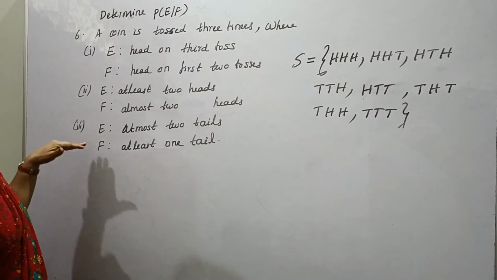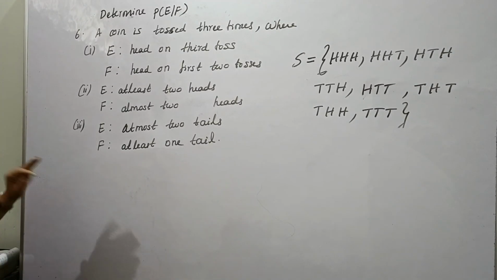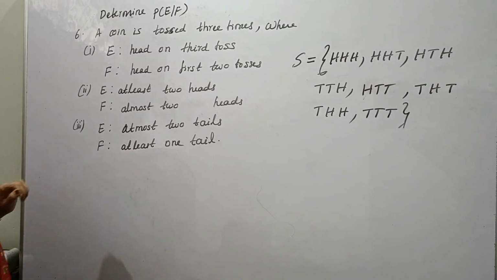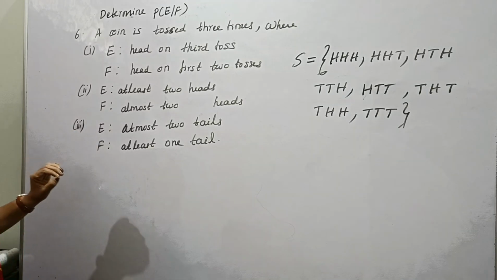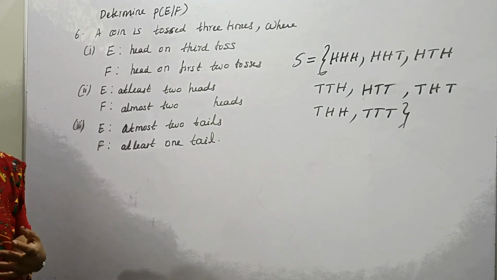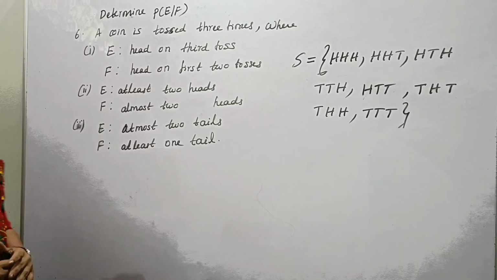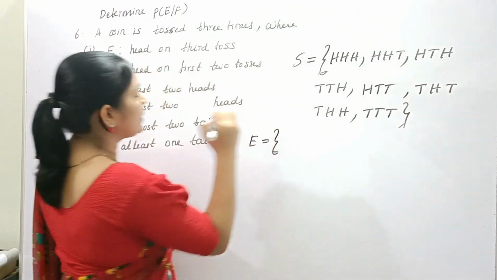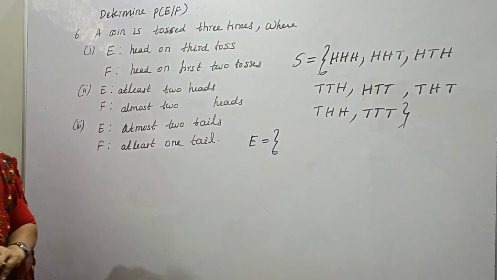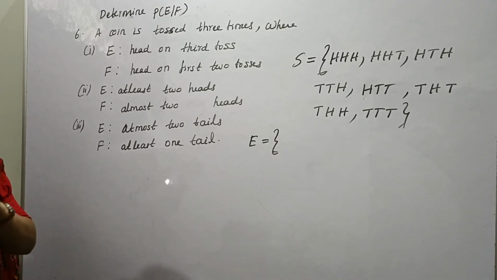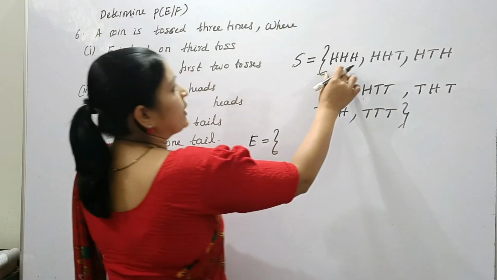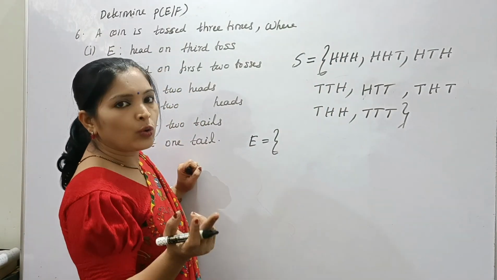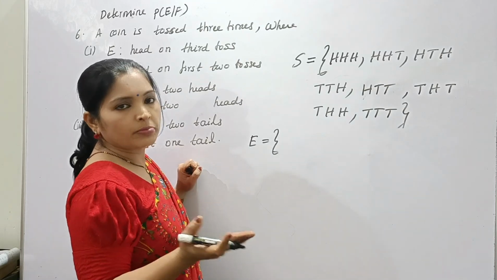Okay, let's find the conditional probability for the third one. Here E is the event at most 2 tails. Now let's write the possible outcomes of E. At most 2 tails, so tails should be less than or equal to 2. So 0 tails is also possible.